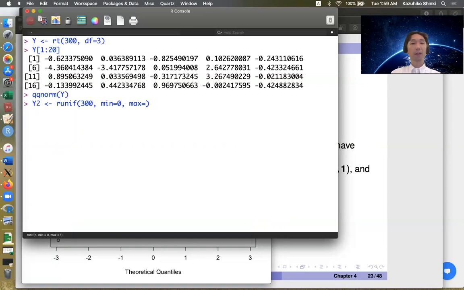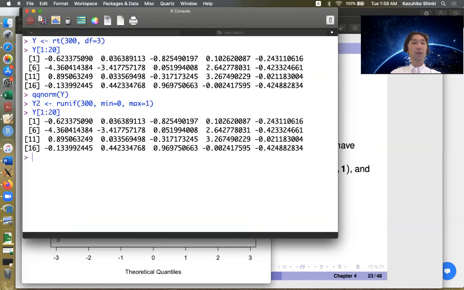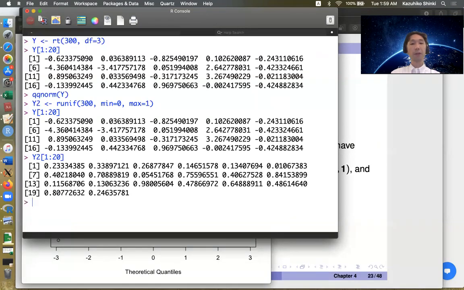The random number is never actually equal to 0 or 1, but random numbers are generated between these two numbers. So all numbers in y2 are between 0 and 1. And the normal QQ-plot of y2 is here.